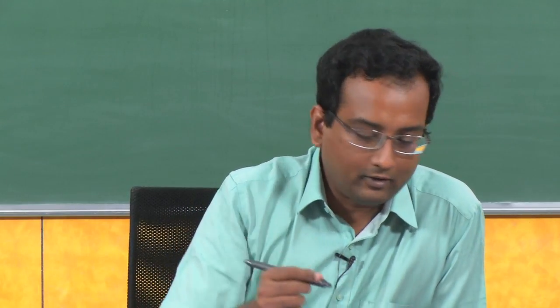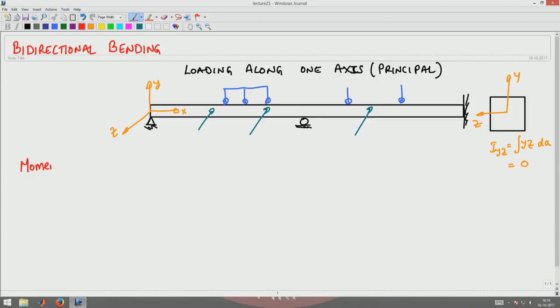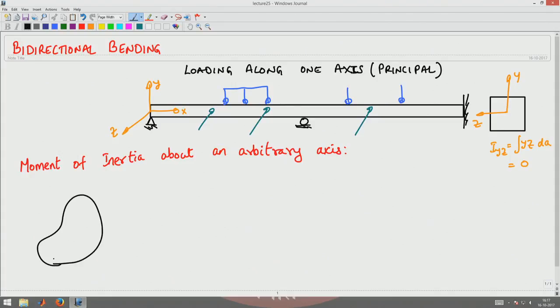Okay. So, first we are going to look at moment of inertia about an arbitrary axis. Okay. So, let me assume that the cross section is in the shape of a potato and I have some axes y and z taken like this.